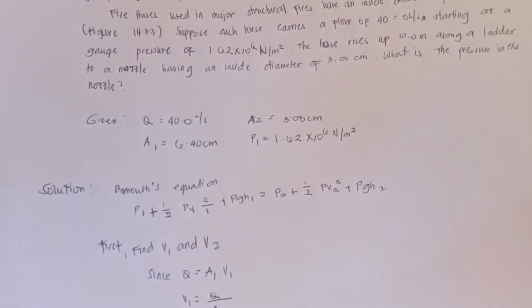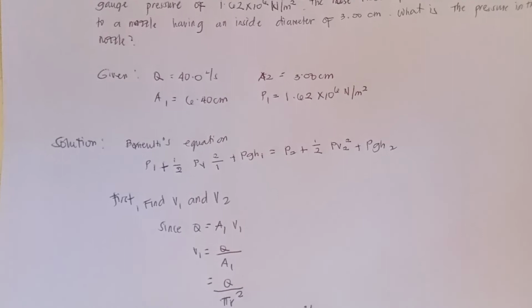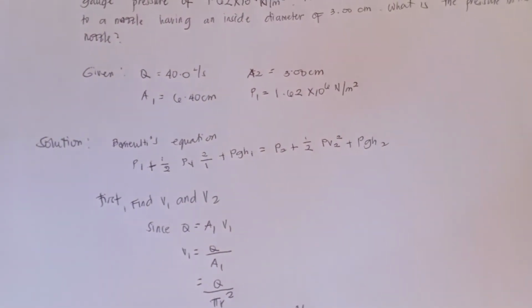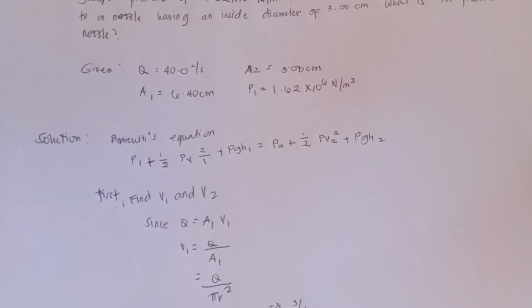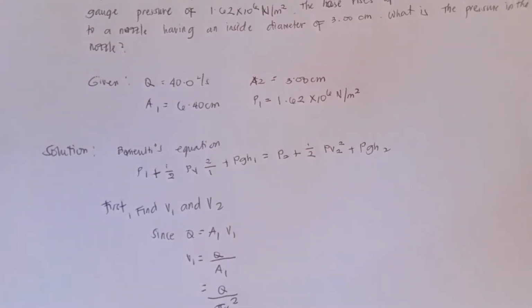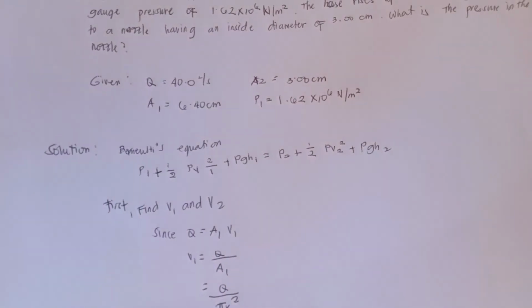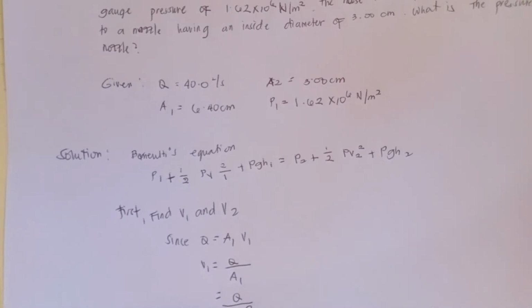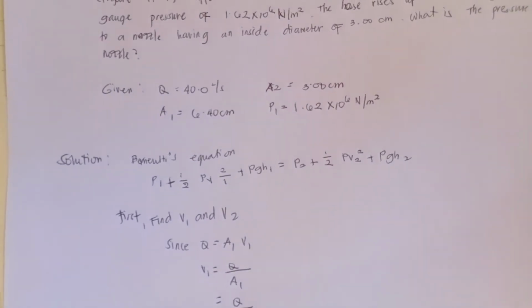So, given Q equals 40.0 liter per second, the hose diameter 6.40 centimeter, the nozzle diameter 3.00 centimeter, and P1 equals 1.62 times 10 to the 6 Newton per meter squared.